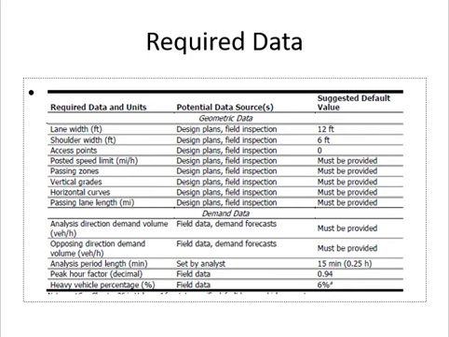The latter half of the table is related to the demand, the volume data. You need to know how much volume you have in each direction, so you need the volume in both directions.